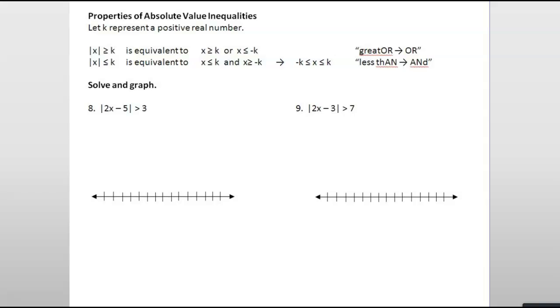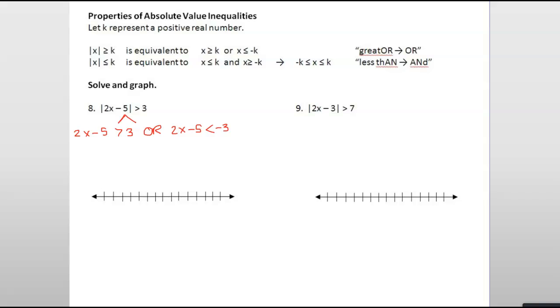So when I split my absolute value, it splits into 2x minus 5 is greater than 3, or 2x minus 5 is less than, because you flip the inequality and change the sign. So your "or" is 2x minus 5 is less than negative 3.